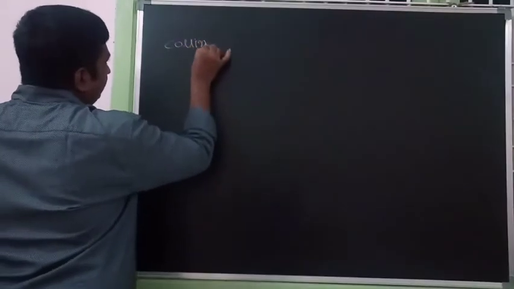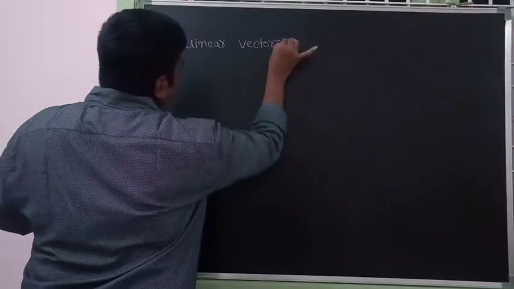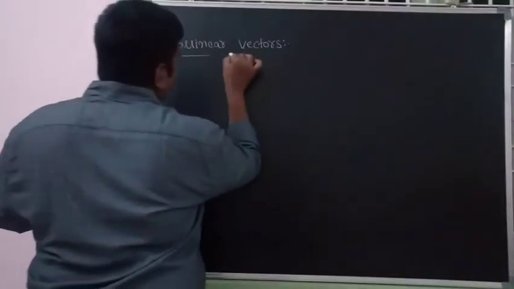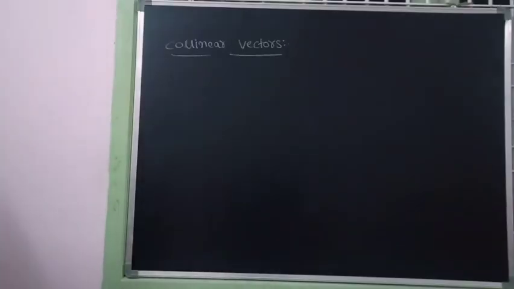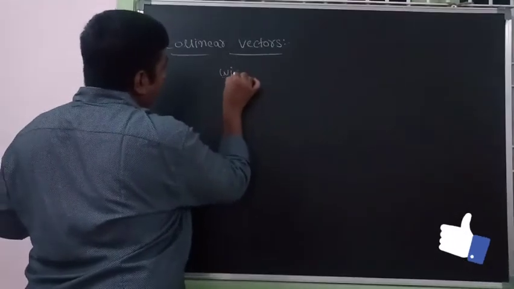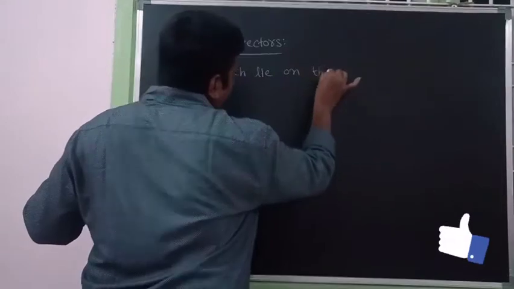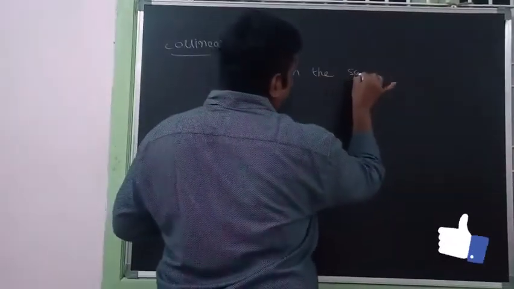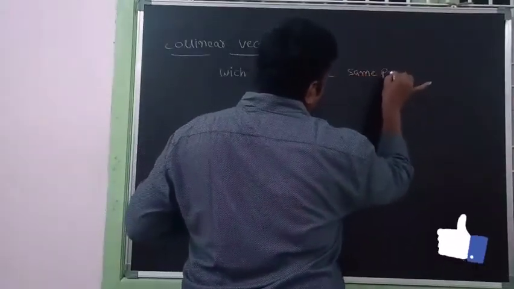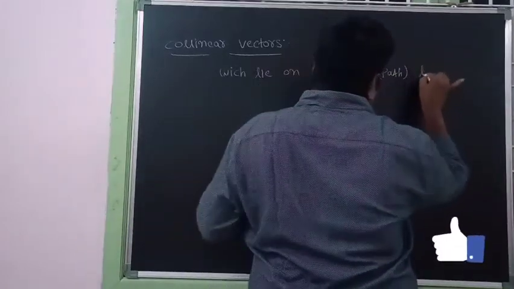Collinear vectors, which lie on the same path, or you can take it as the same line.